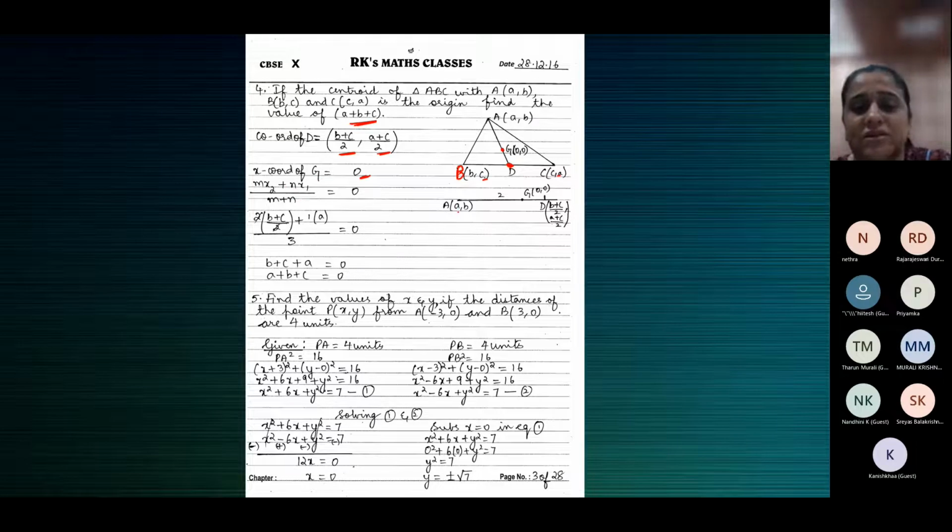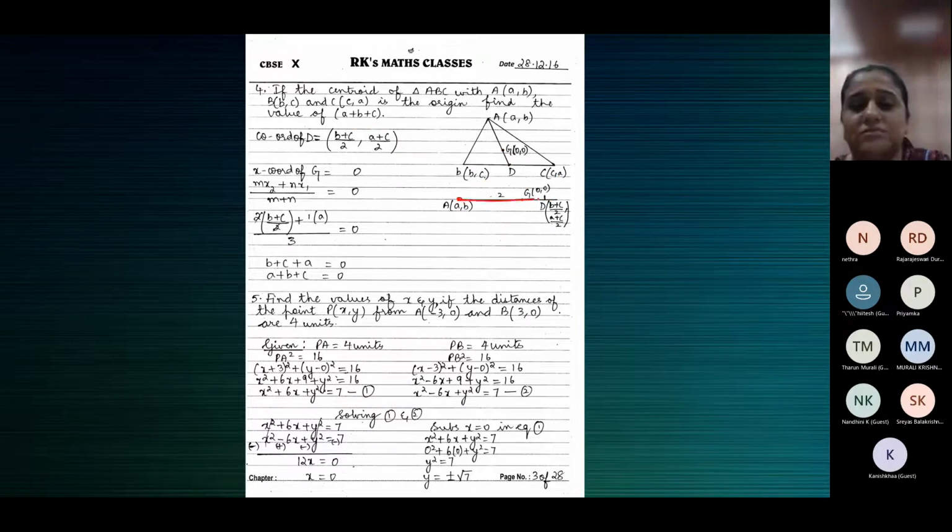I've taken a different figure here, only the median AD, with the coordinates of A and of D, (B plus C) by 2, comma, (A plus C) by 2. The centroid lies here, G (0, 0), dividing the median in the ratio 2:1. You can see it here.